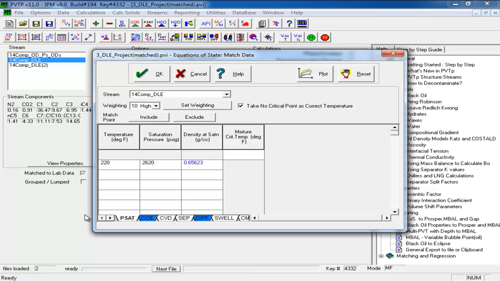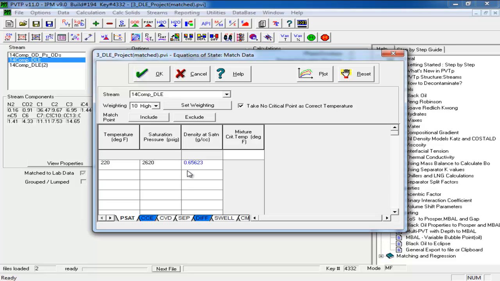So we know the first project: we enter the real values, which are the bubble point pressure and the real oil density, and try to shift this one here to have exactly the lab data. So this is my reference data, and I will try to match both of them by volume shift.